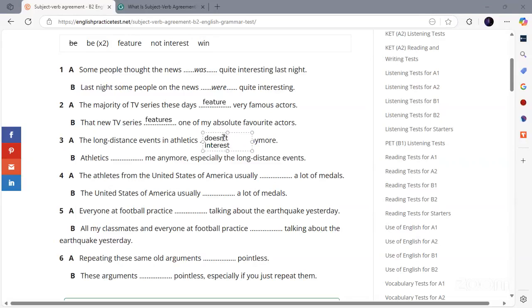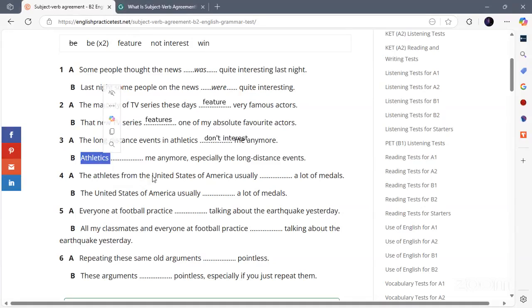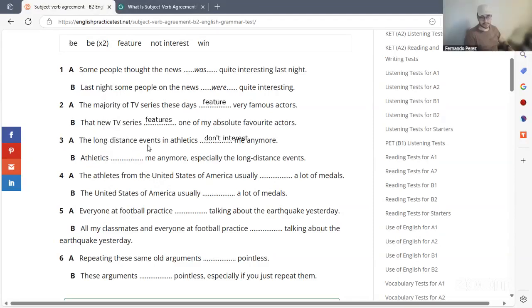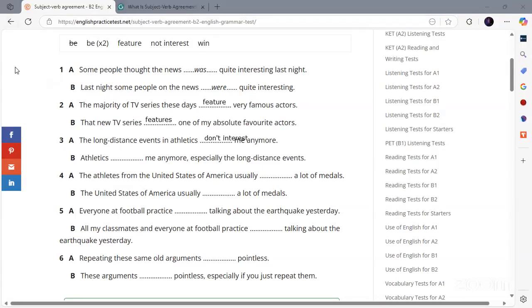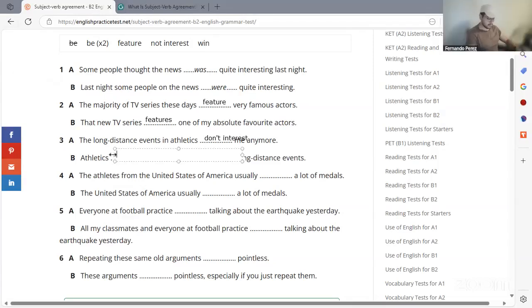Don't interest me. Yes, because athletics is singular, like politics, news. We are talking about a sport. Athletics doesn't interest me anymore. Excellent. Yeah, I got confused.